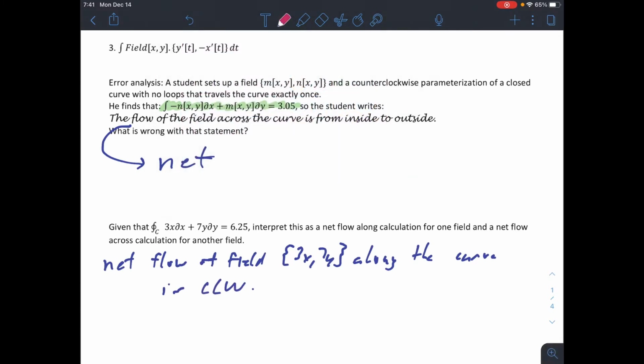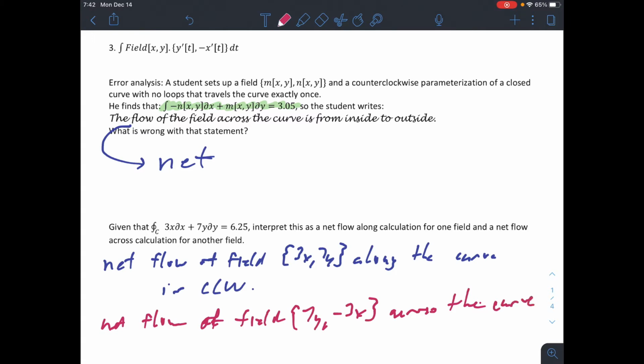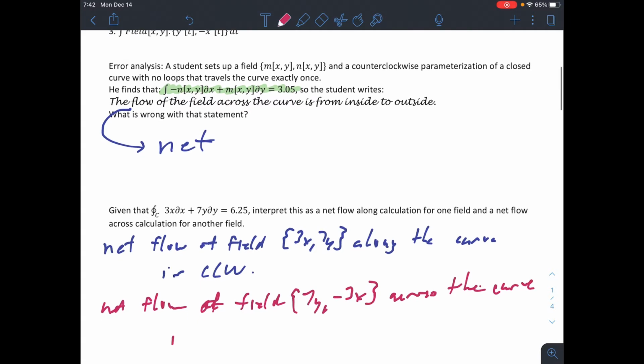However, it also tells us that the net flow of this field, 7y, negative 3x, across the curve is inside to outside. Okay, so we're talking about looking at two different fields here with one integral. Sorry, one integral. I know this chapter talks a lot about path integrals. It's in my mind, but this is not a path integral. It's just an integral.